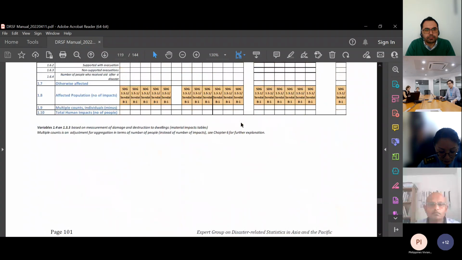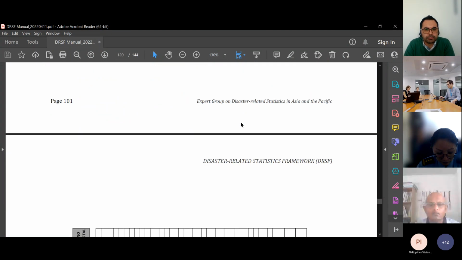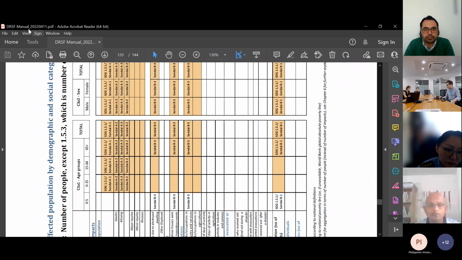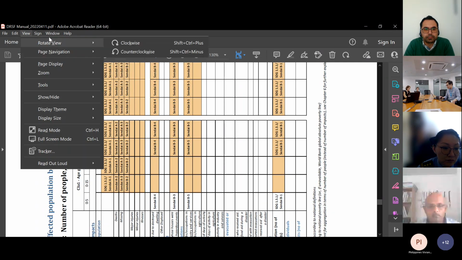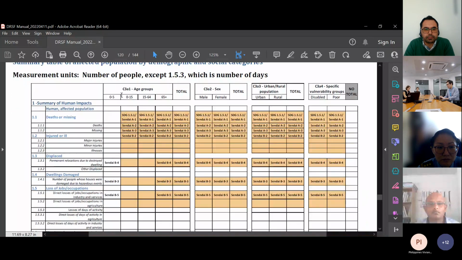It is also important to understand who exactly is being impacted by the disaster by looking at different age groups. Maybe I can rotate my view. Right, by different age groups, because we know that different ages are impacted by disaster quite differently.